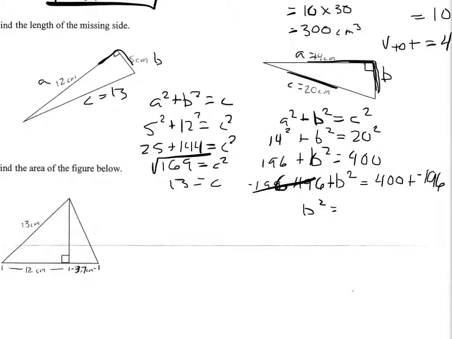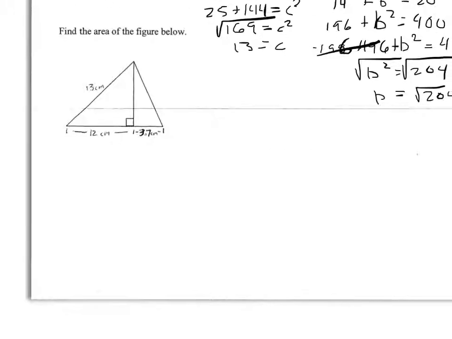B squared is equal to 204. Got to do that last step. It's not 204 long. B is equal to the square root of 204, which is not a perfect square, so we'll just leave it as the square root of 204. However, we could figure out that that is between 14 and 15, because 14 squared is 196 and 15 squared is 225. So it'd be somewhere between those two.